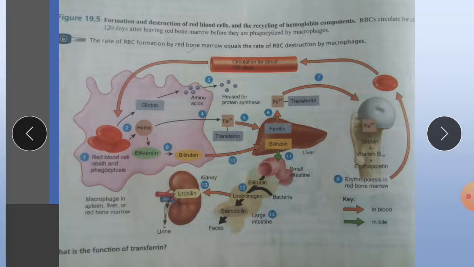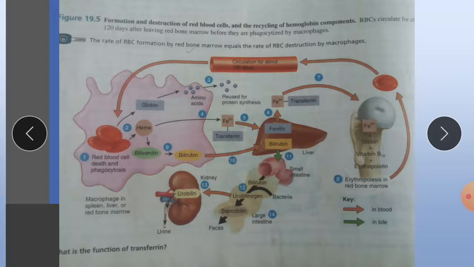The plasma membranes become more fragile with age, and the cells are more likely to burst, especially as they squeeze through narrow channels in the spleen. Ruptured RBCs are removed from the circulation and destroyed by fixed phagocytic macrophages in the spleen and liver.